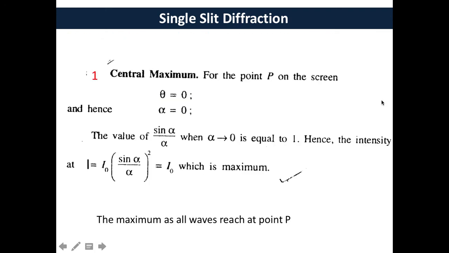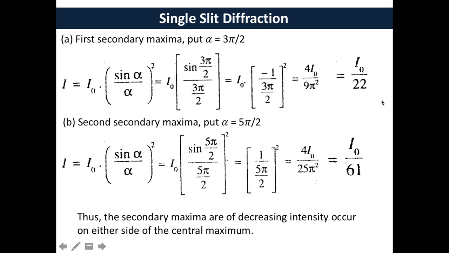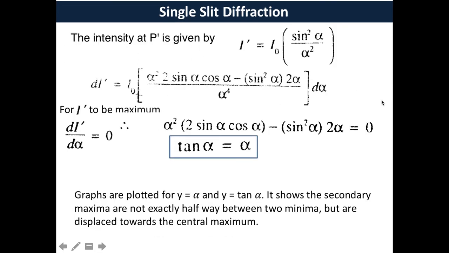Okay, now for the intensity I prime, I prime is equal to I0 sine square alpha upon alpha square. So we need to take the derivative because it changes with the inclination theta.